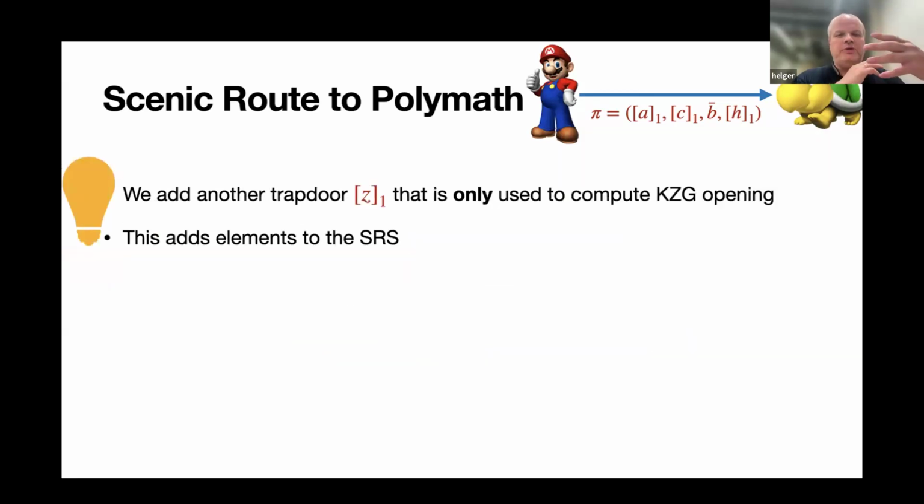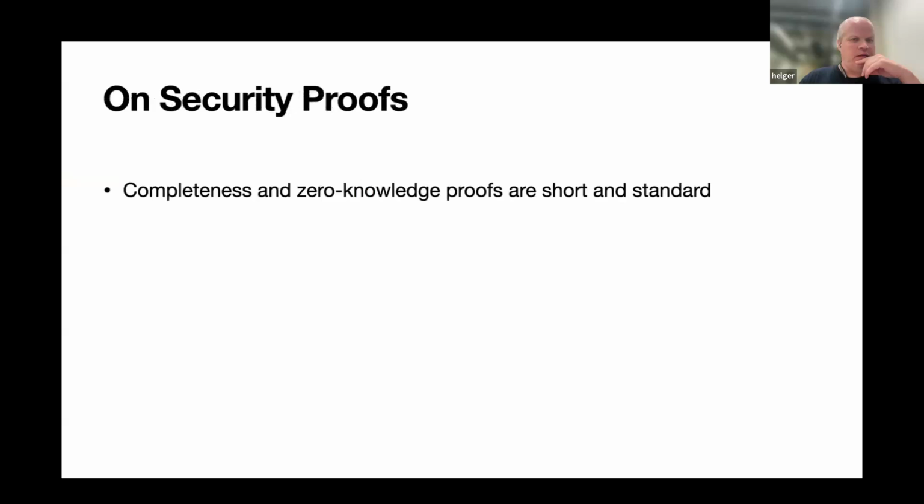And for this, we do the last step, which is we add another trapdoor that is only used to compute the KZG opening. And this adds some elements to the SRS, but it doesn't make the rest of the argument less efficient. And that's it. That's profit.